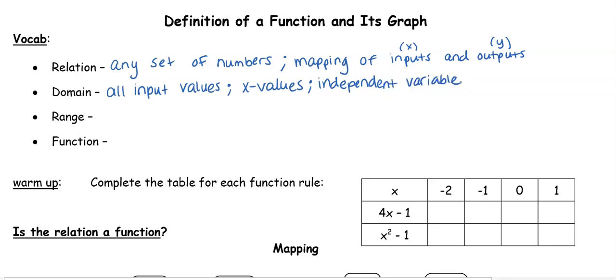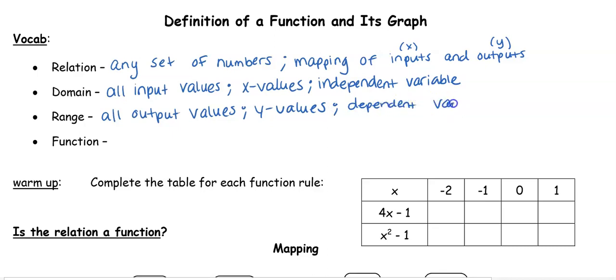If the domain is all possible input values, the range is going to be all possible output values. So that's going to be your y values, which means that's going to be your dependent variable.